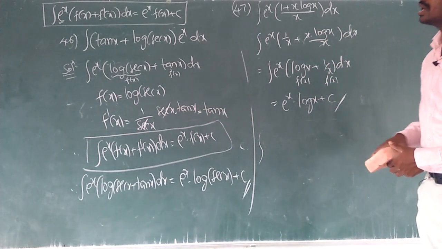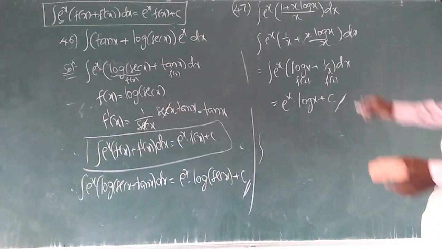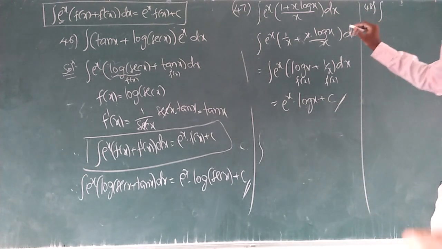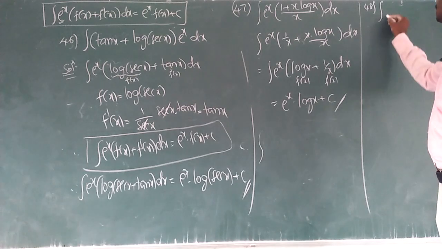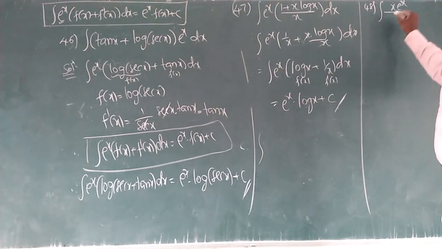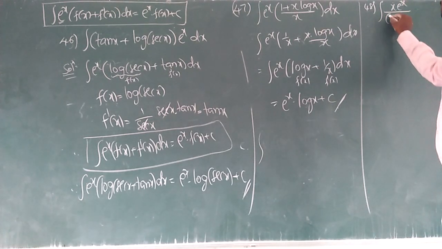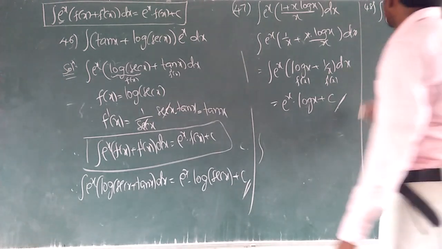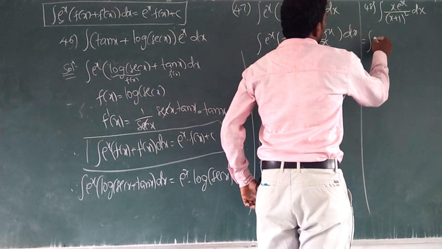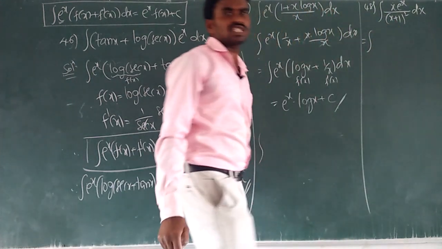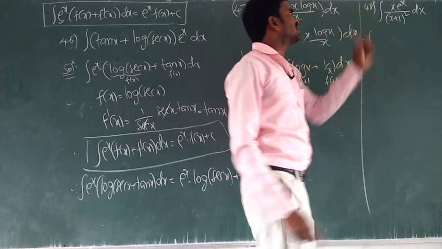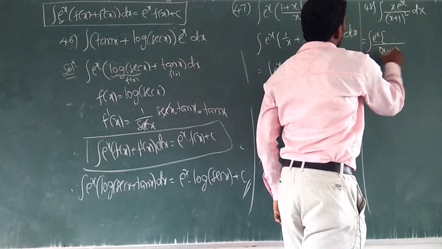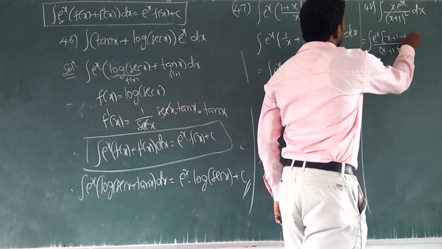Okay. Next, part 8. Integration of x e power x by x plus 1 whole square dx. This is an important concept. See, the denominator x plus 1 is there, and in the numerator x is there. So I am writing e power x into x by x plus 1 whole square, adding 1 and subtracting 1.